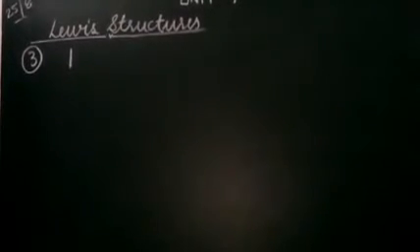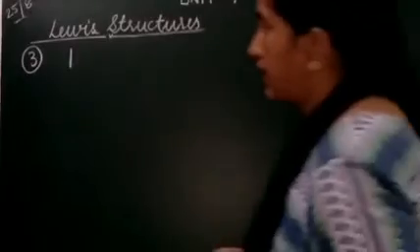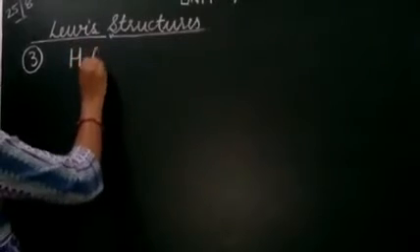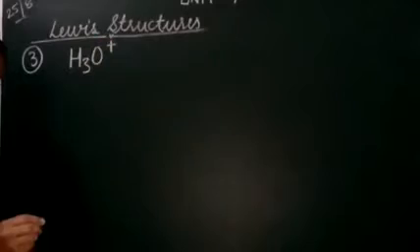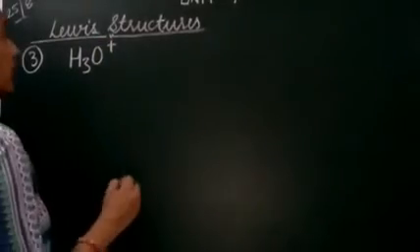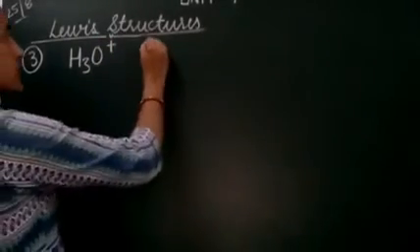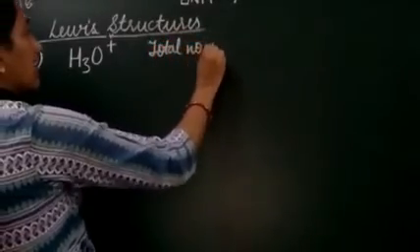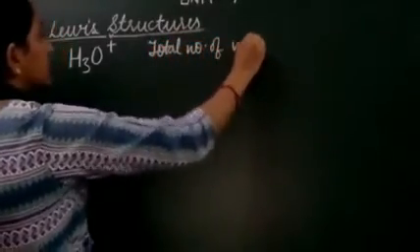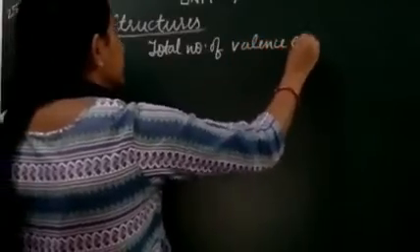Now, students, we will draw the Lewis structure for a cation. Right, so here I am taking H3O positive. So students, you can first write down the total number of valence electrons.